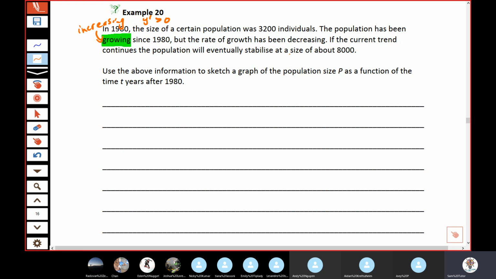So if the rate of growth is decreasing, that means y double dash, if it's increasing at a slower rate, it should be a maximum. So y double dash is less than 0.